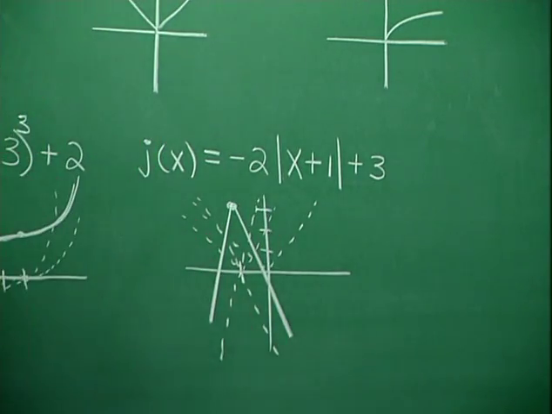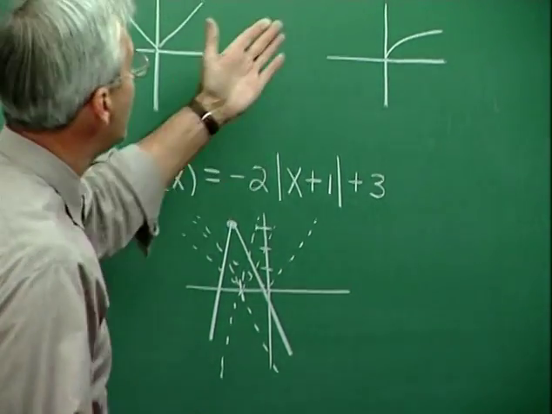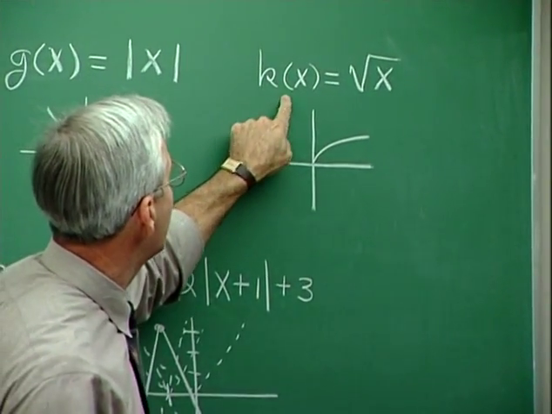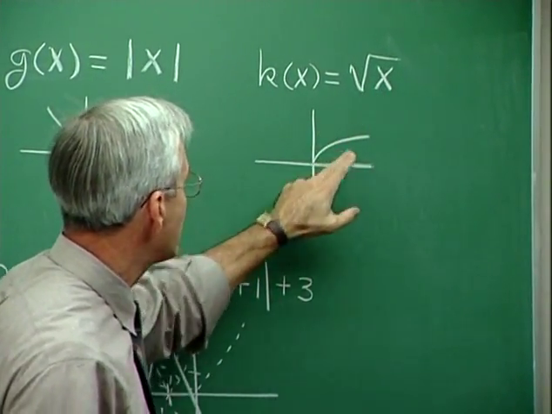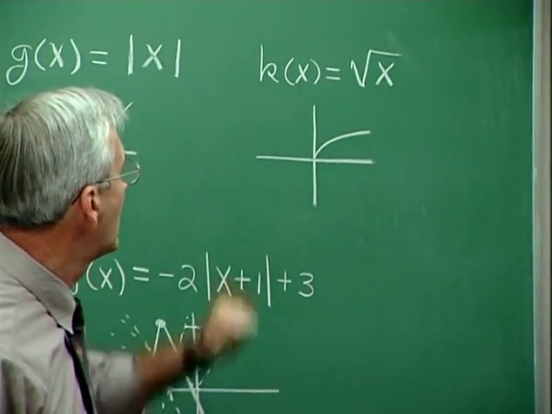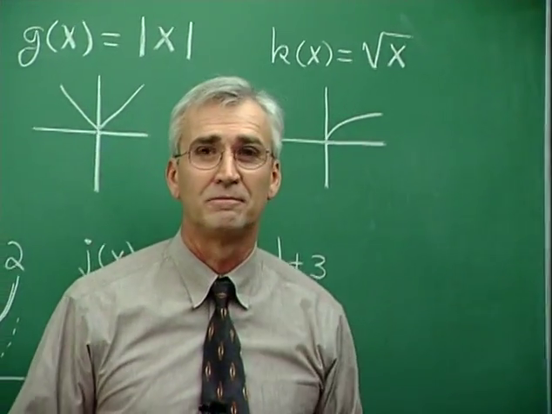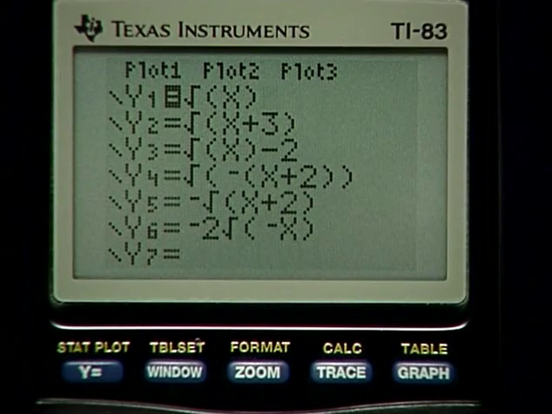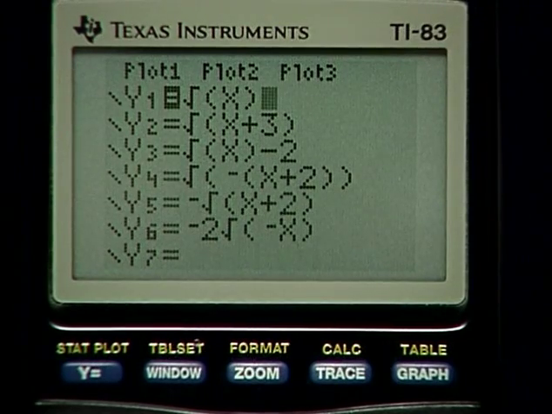Now you can verify all of this stuff using the graphing calculator. In fact, tell you what, let's take this degenerate square root function. k of x is the square root of x, and this is its graph. And let's examine aspects of transformations on the square root of x. I've entered a number of equations involving the square root of x or variations along that theme.